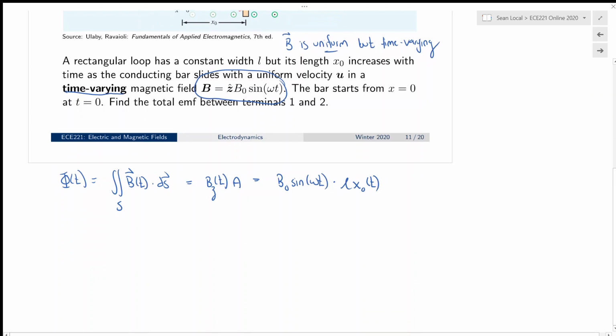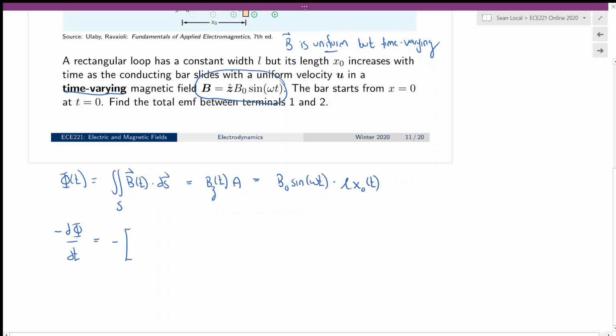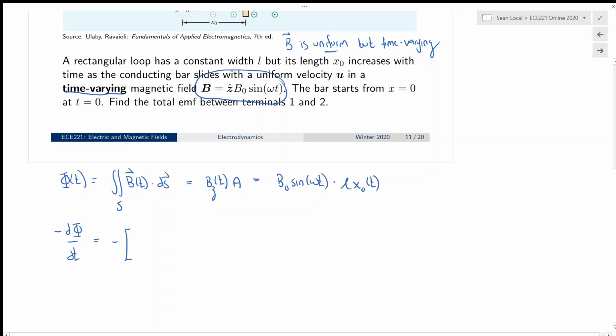So let's apply Faraday's law and compute the derivative of the magnetic flux with respect to time. We're going to have a minus sign here, and let's work out the contribution of each quantity. The first thing we need to do is take the derivative, but we're taking the derivative of a product.